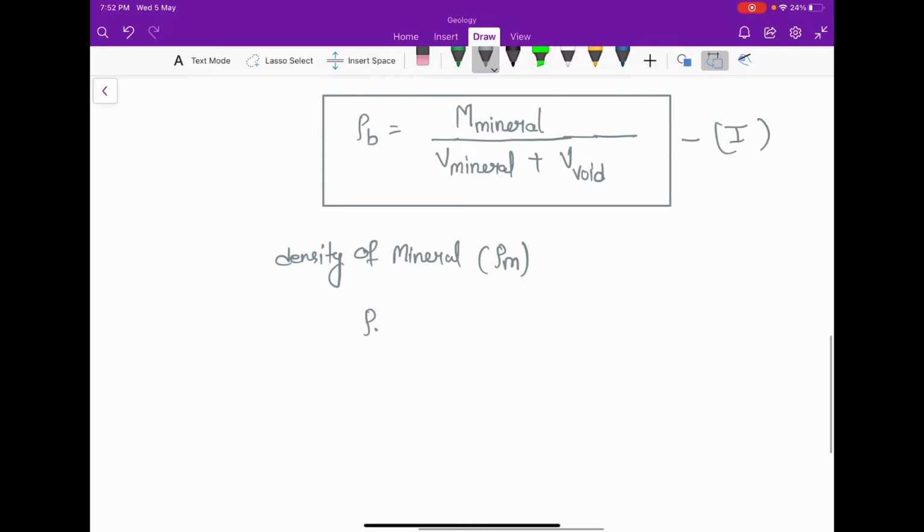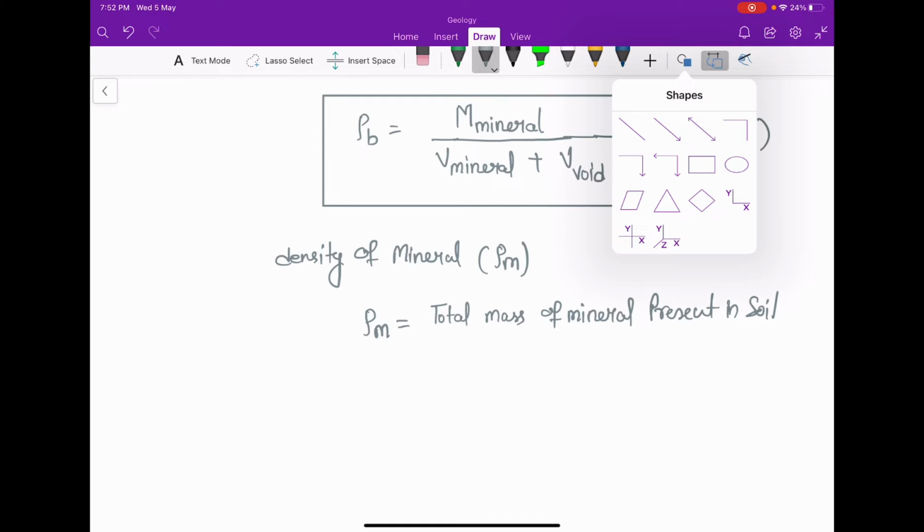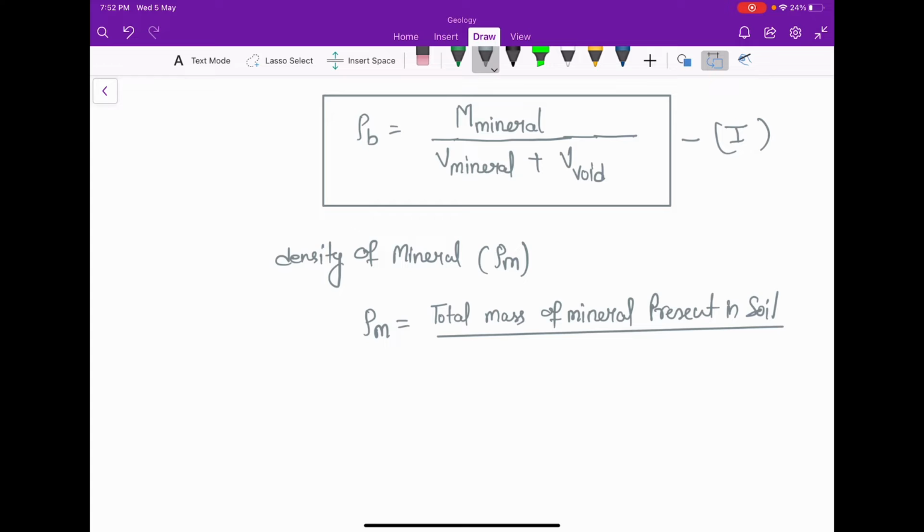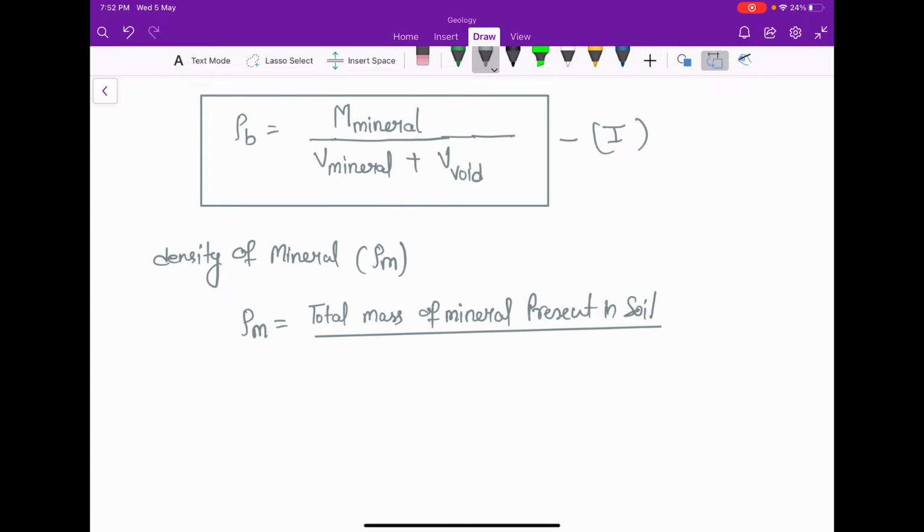So rho m will be the total mass of mineral present in the soil divided by the total volume of mineral present in the soil sample.